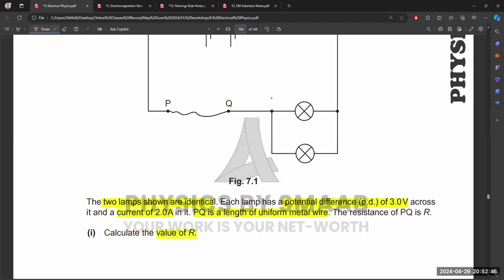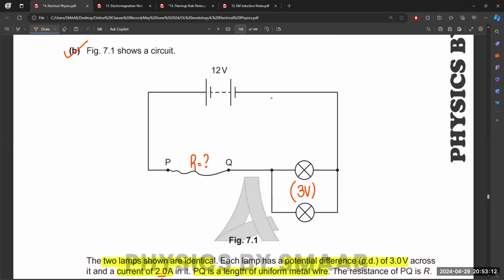So basically, the resistance of this wire PQ is not given. The current is 2 ampere and the potential difference of each lamp is 3 volts because both are connected in a parallel combination, so definitely they have the same voltage. The total EMF of the battery is 12, so from 12 we subtract 3 and we get 9.